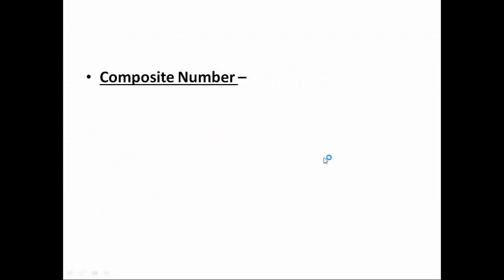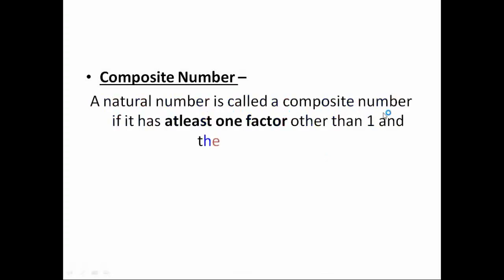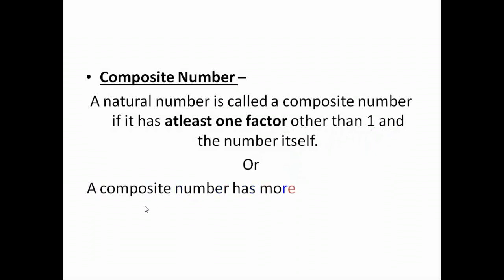Composite number. What is a composite number? A natural number is called a composite number if it has at least one factor other than 1 and the number itself. Or we can say a composite number has more than two factors. So here, if you remember, prime number was the only number that had only two factors.